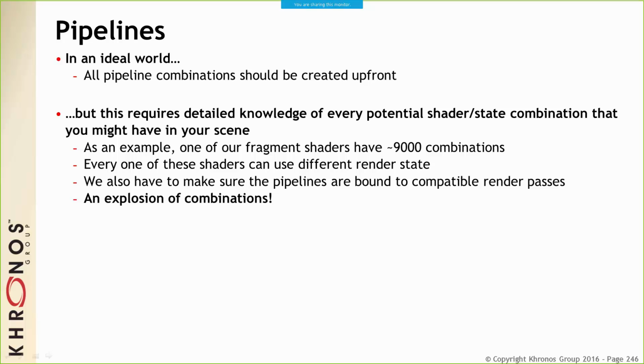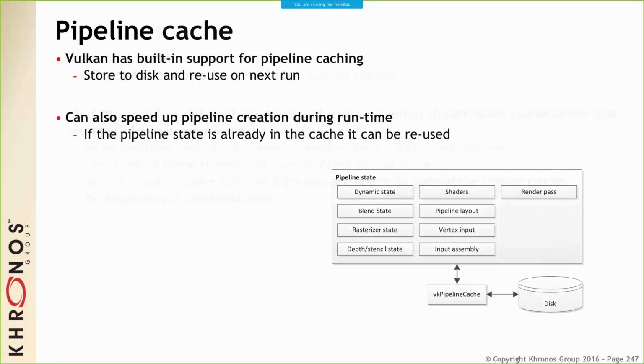Fortunately, though, we are creating a lot of pipelines, but we have the pipeline cache. And the pipeline cache can be serialized to disk, which is a very cool feature, because even though we are creating a lot of pipelines, at least we don't have to recompile shaders every time, because they're already in the pipeline cache on disk. So it's only the first time we load the application that this is an actual problem.